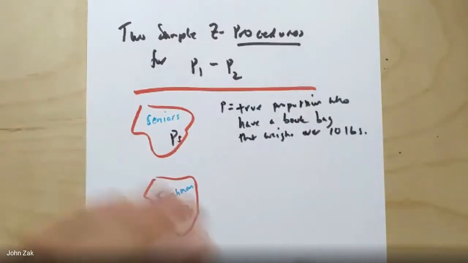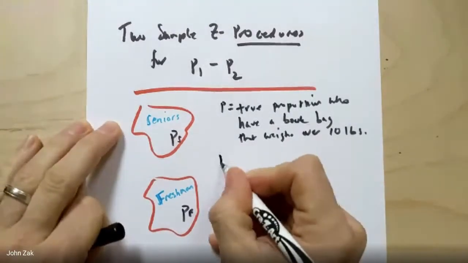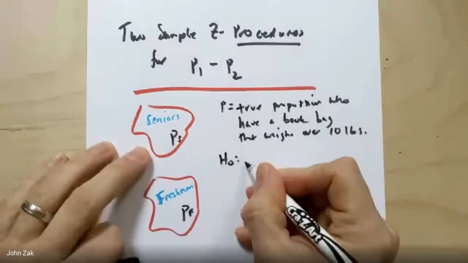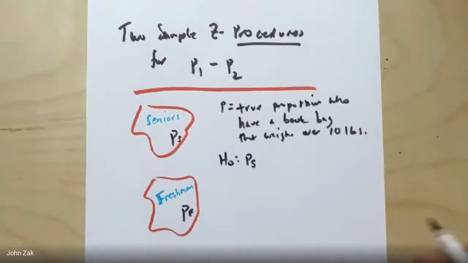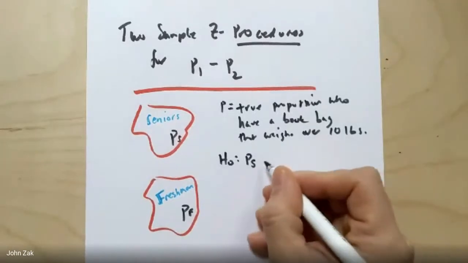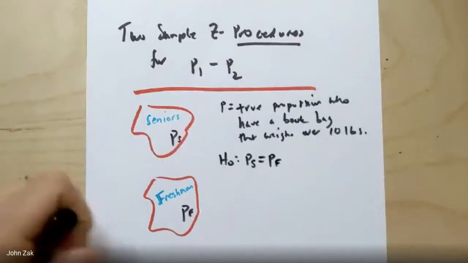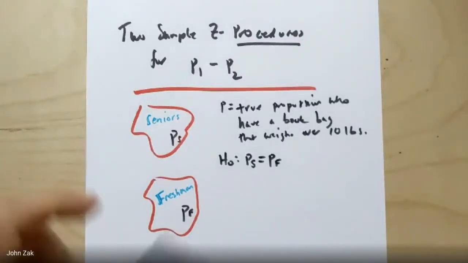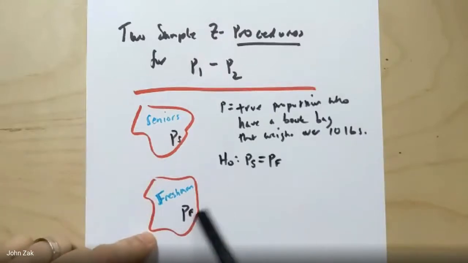If we were doing a significance test, we might start with the null hypothesis H0 that PS is what compared to PF? What symbol would we use? Yes, equals. We might begin with the null hypothesis that PS is equal to PF, that the proportion of seniors that have a book bag over 10 pounds is equal to the proportion of freshmen.